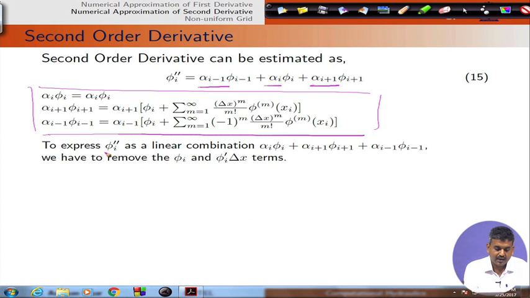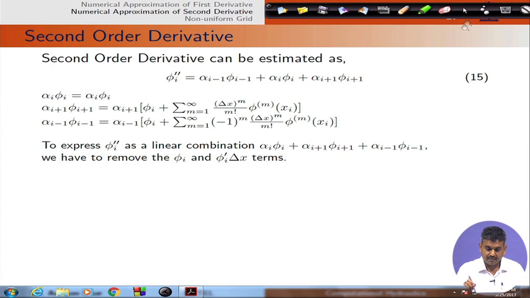Now, phi I double prime we can write as a linear combination. So, we have to remove the phi I and phi I prime del x terms.